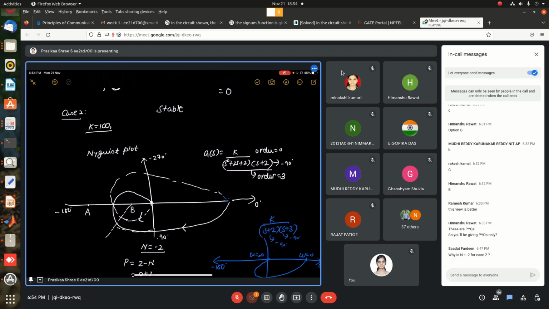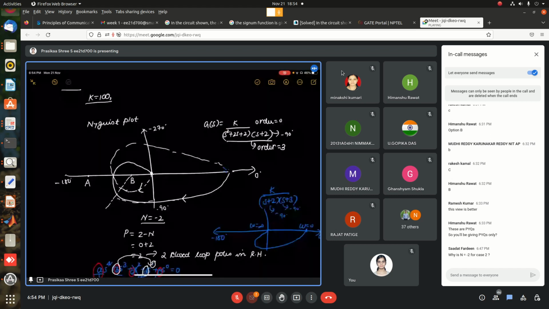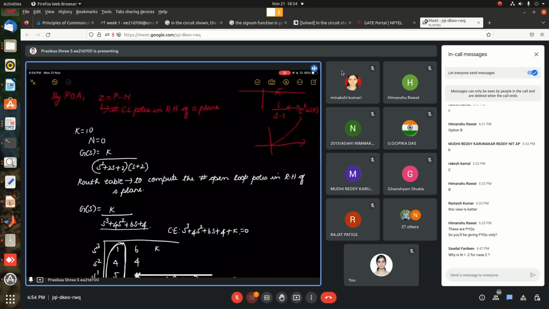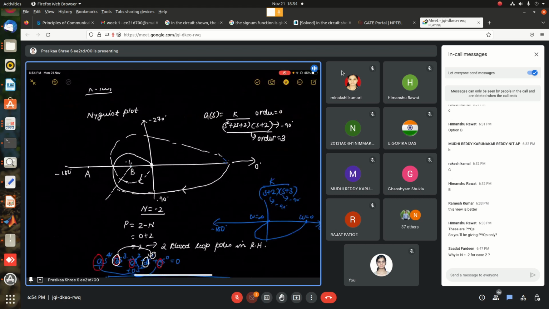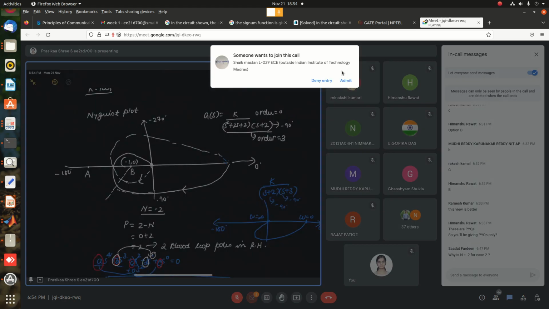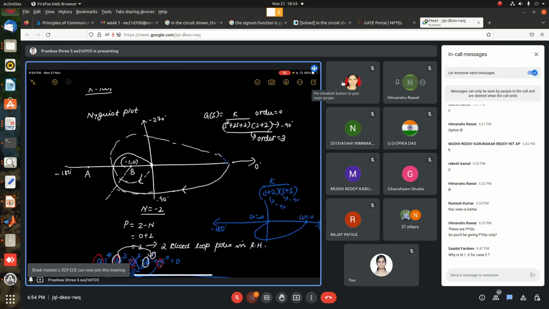See, they have never told us something like there are two encirclements. They have never said that in the question. What they told is that at k equal to 100, the number of encirclements is present. So only when -1 comma 0 is present inside the plot can you find the number of encirclements.